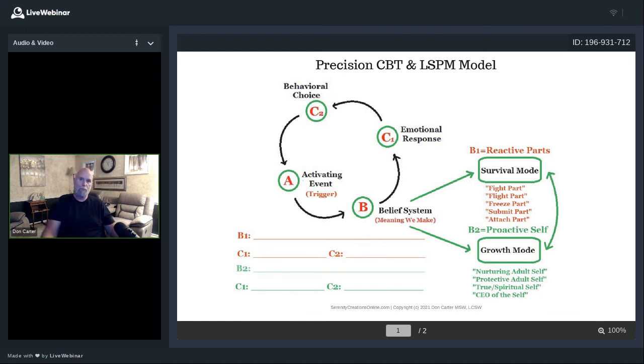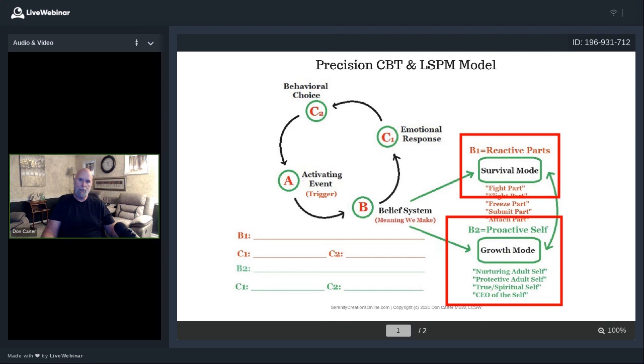Okay, so when I've been able to identify which parts were reactive, the survival mode that got triggered, I can start to play at the possibility, and then I want to look at the parts of me that I can bring to bear to help reprogram those reactive parts or soothe those reactive parts.